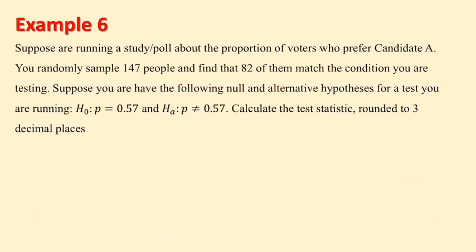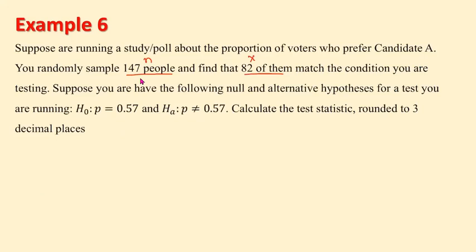Example 6. Suppose you are running a study poll about the proportion of voters who prefer candidate A. You randomly sample 147 people, so that's your n. N is 147 people, and you find that 82 of them match the condition you are testing. So x is equal to 82.